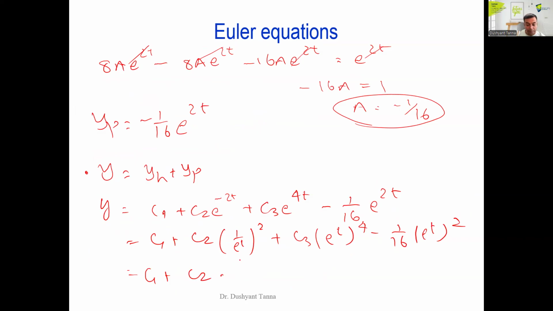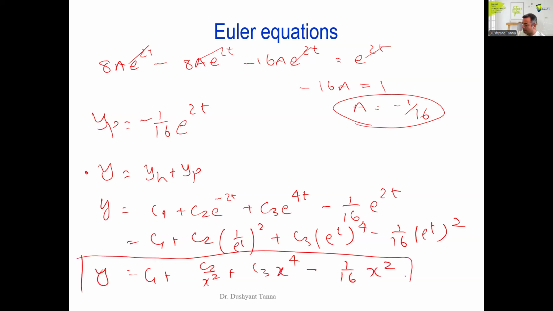C3 times 1 over x squared, or you can write C3 over x squared if you want. This is your y. It's a very decent long question, which is good and bad.